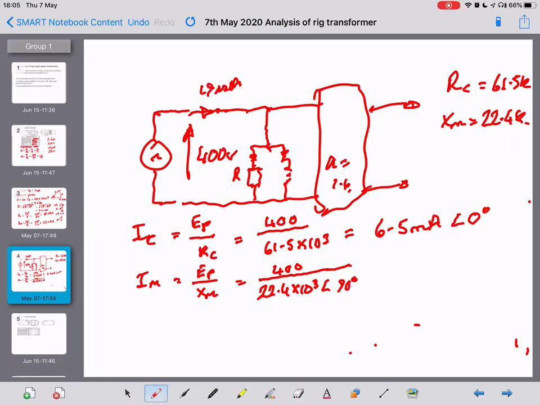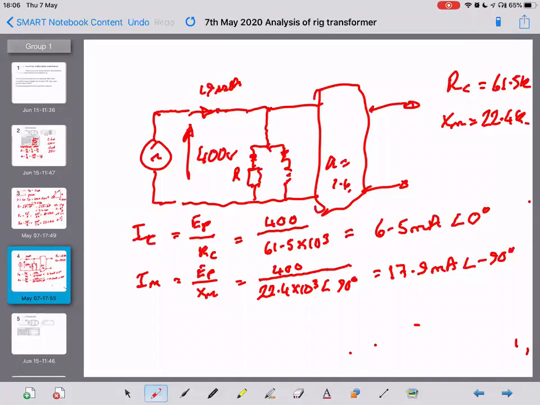So that's going to be 17.8 milliamps. 17.9 if you round it correctly, Warren, because the 5 will take it up to 9. So 17.9 milliamps, angle minus 90.